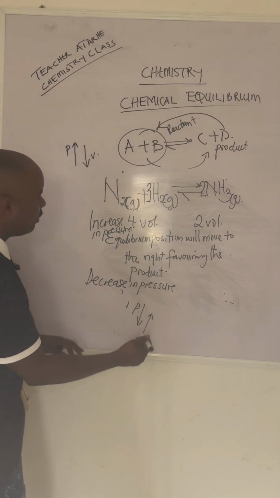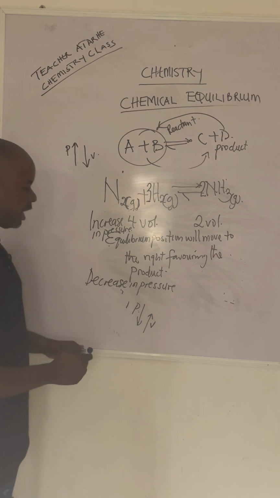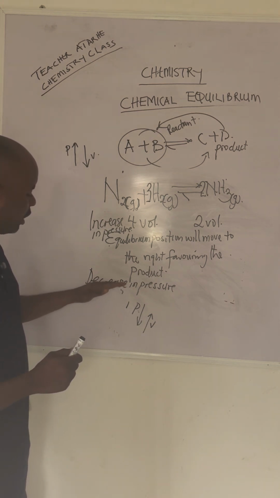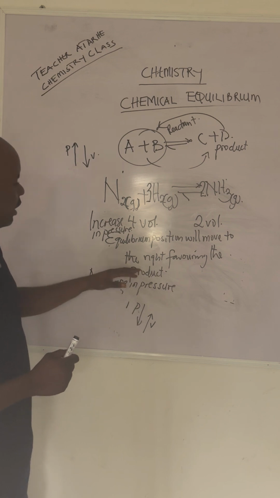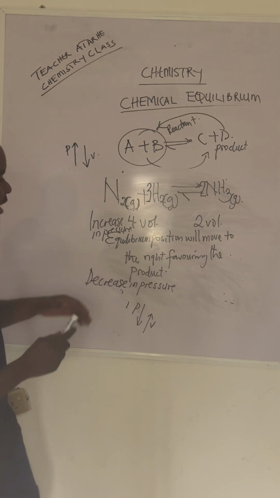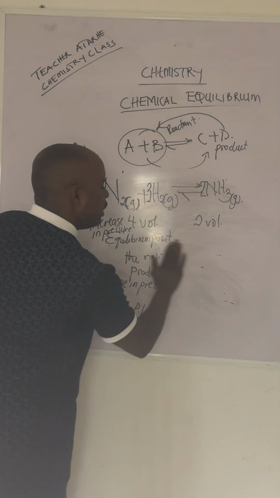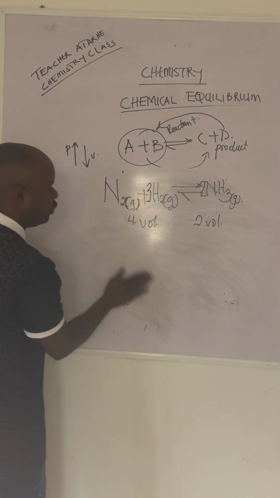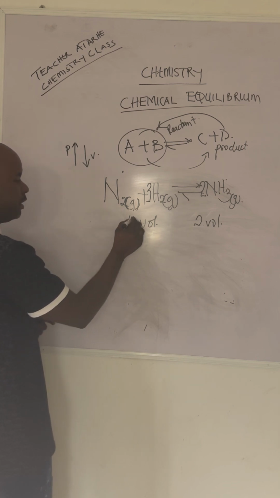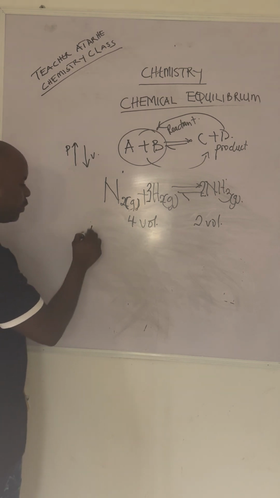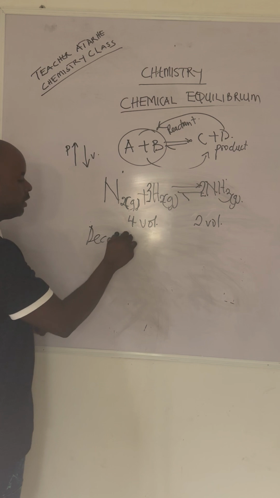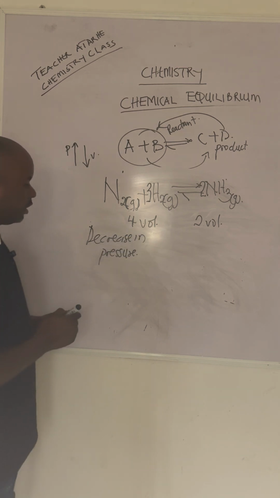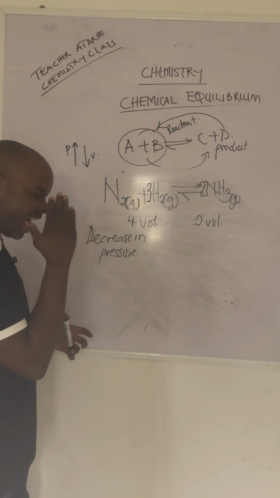Pressure is decreasing, volume is increasing. The equilibrium position is going to look for the side that has the higher volume, because we said decrease in pressure. The equilibrium position is going to move to the side that has the higher volume.